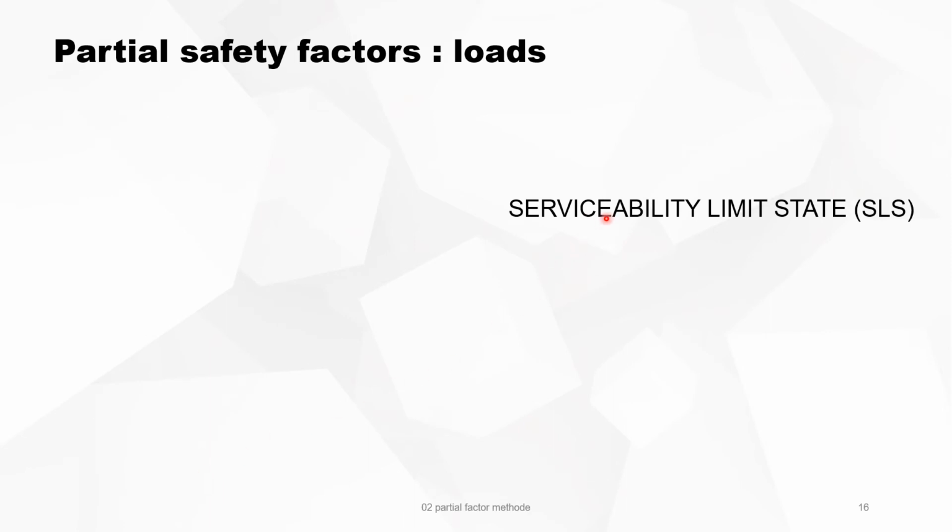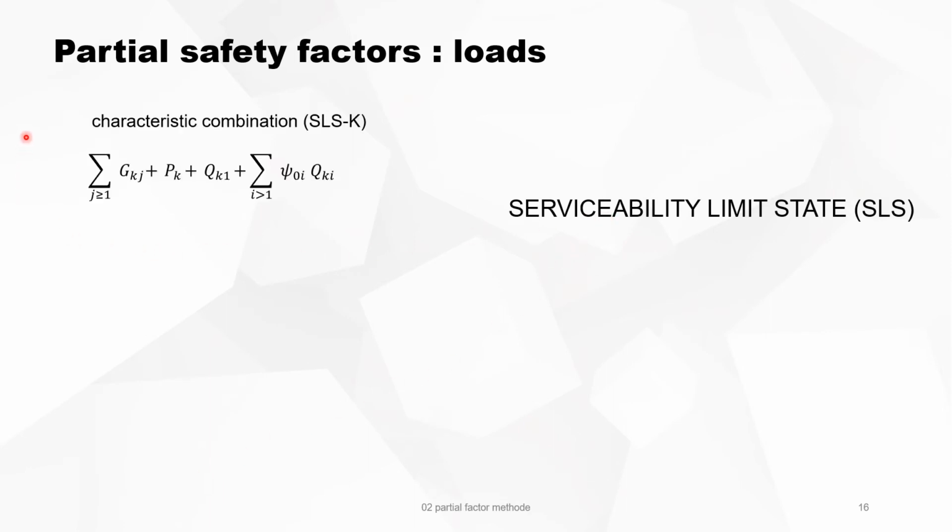For the serviceability limit state, you have the characteristic combination, which means you add up all the permanent loads, you add the pre-stress, you take one variable load and combine it with the psi-zero factor times all the other variable loads.